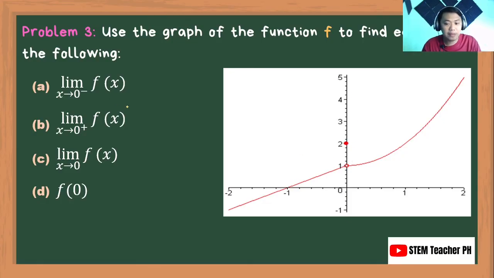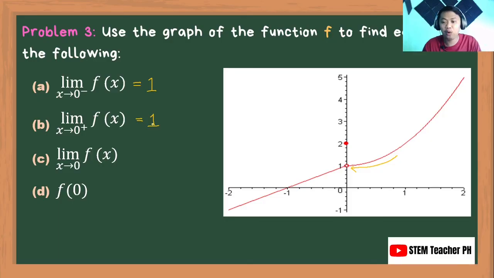So, as we approach from the left, titignan natin, palapit tayo ng palapit sa kaliwa kay 0, tapos tayo ay papalapit ng papalapit dun sa value ng y natin, that is equal to positive 1. So, this is equal to positive 1. From the right naman, habang papalapit tayo ng papalapit kay 0, kay x, then papalapit din tayo ng papalapit sa value ng y natin, that's also 1.